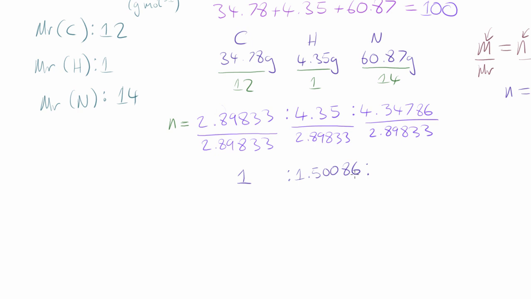And in the case of nitrogen, before I go into the answer, you can see that these two numbers, 4.35 and 4.34786, when you round this to two decimal places, you actually find that you've got the same number, right? 4.35.